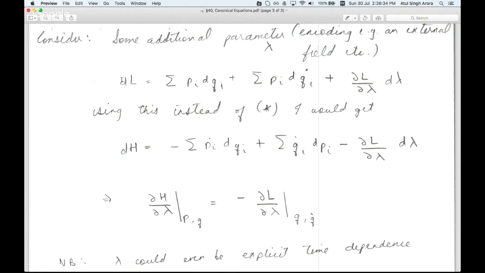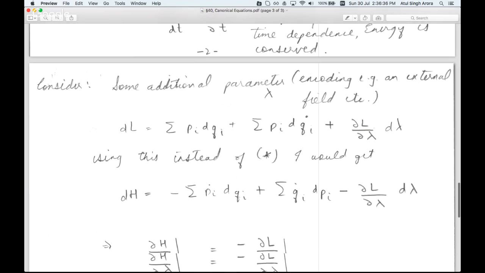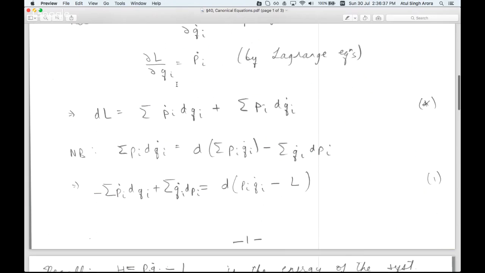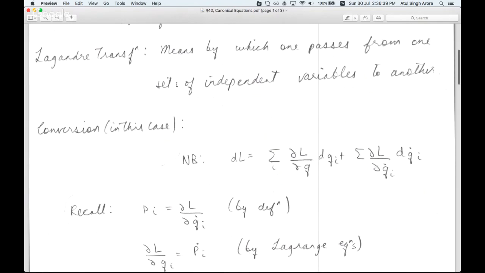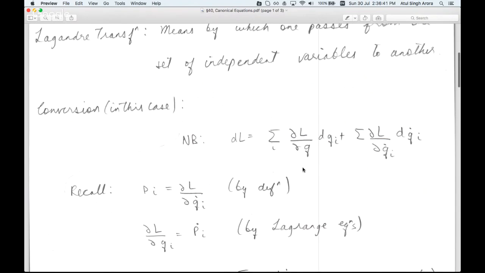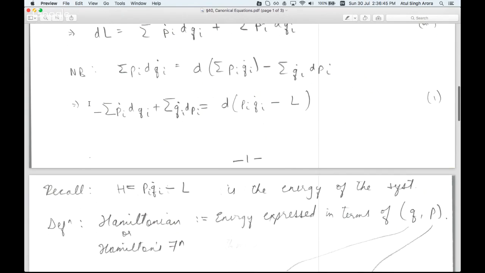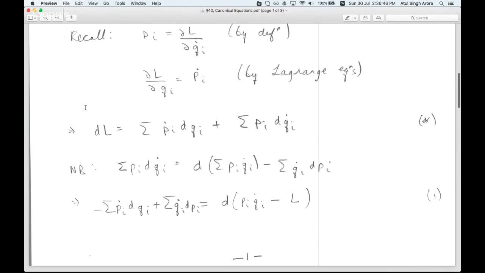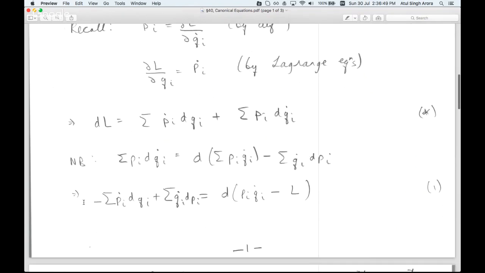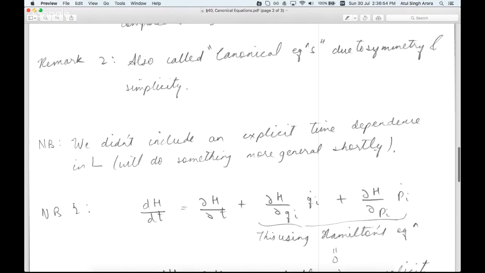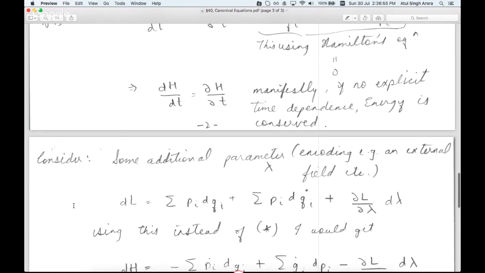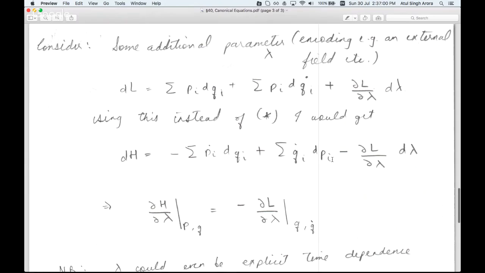If we use this equation to start with, then at this step we would have a del L by del lambda term, because it would be a plus on this side, and when you take it to the other side, it becomes a minus. So the equation for dH consequently would become minus del L by del lambda d lambda.